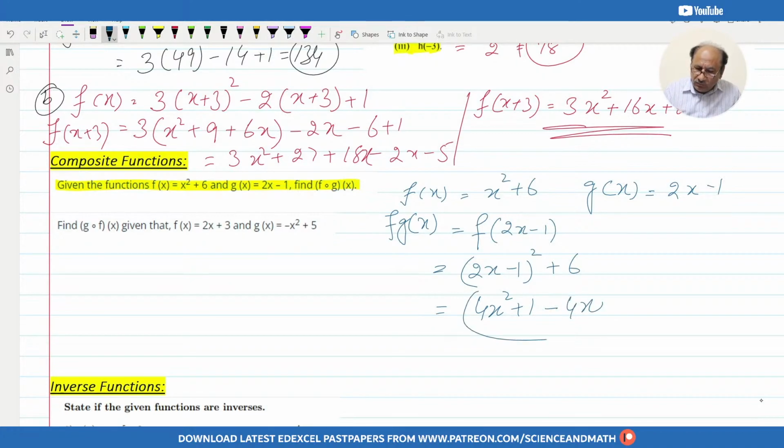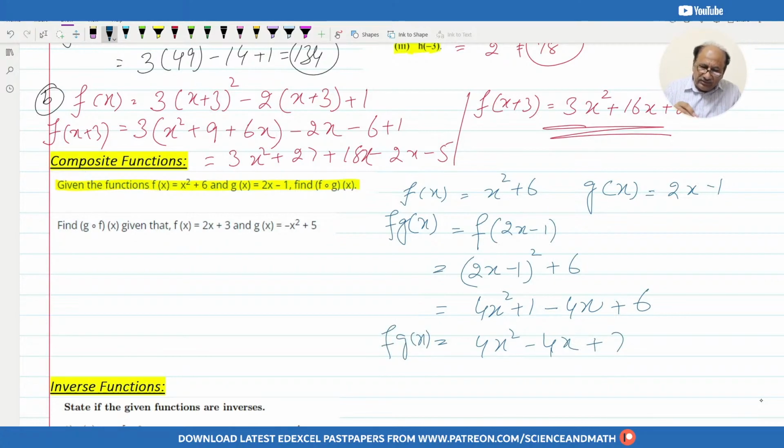If you are not comfortable with opening the square, you can multiply this with this one and you will get the same answer, and plus 6, and we can rewrite it as 4x squared minus 4x plus 7. This will be the final answer for f of g of x.